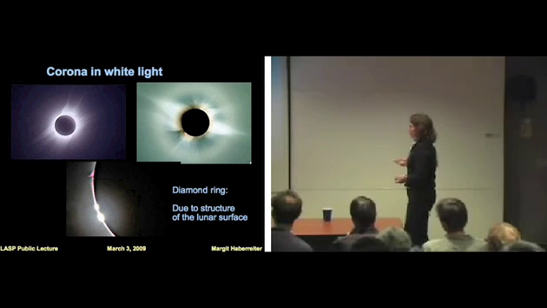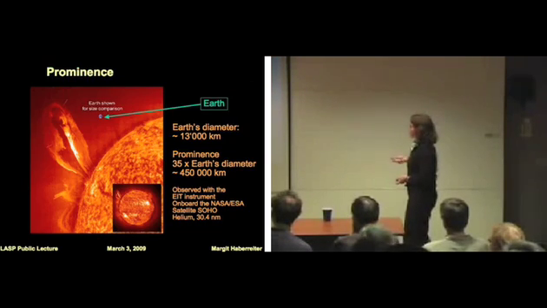This is an observation taken, of course, also during an eclipse. And these structures are due to the fact that the moon has some structure. So you can see a tiny little bit of the solar disk when there's a little structure on the lunar surface. Okay, and finally, one more manifestation of the magnetic field.